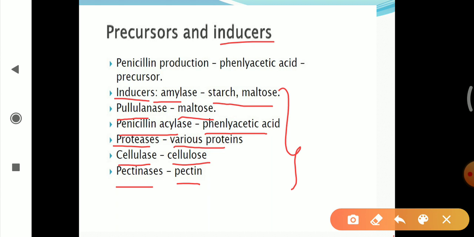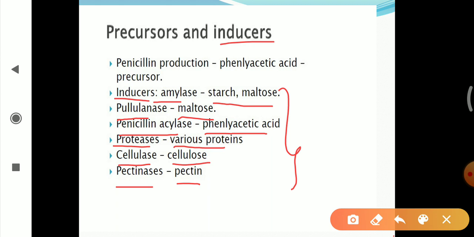If there is maltose, then pullulanase will be synthesized. If there are various proteins, then protease. If there is cellulose, then cellulase. If there is pectin, then pectinase. This is all about precursors and inducers.